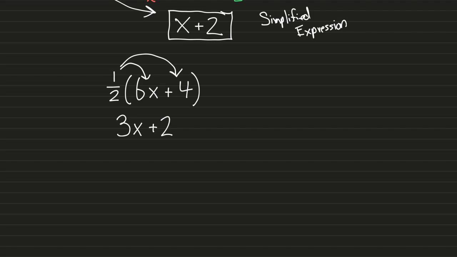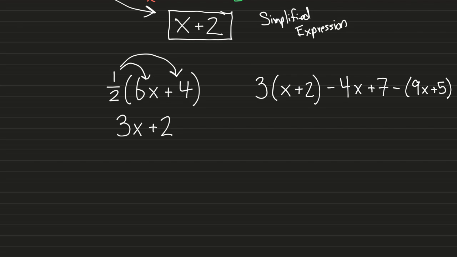And then I will draw your attention to something that might pop up as you see problems like this. Let's say we had 3 times (x plus 2) minus (4x plus 7) minus (9x plus 5).